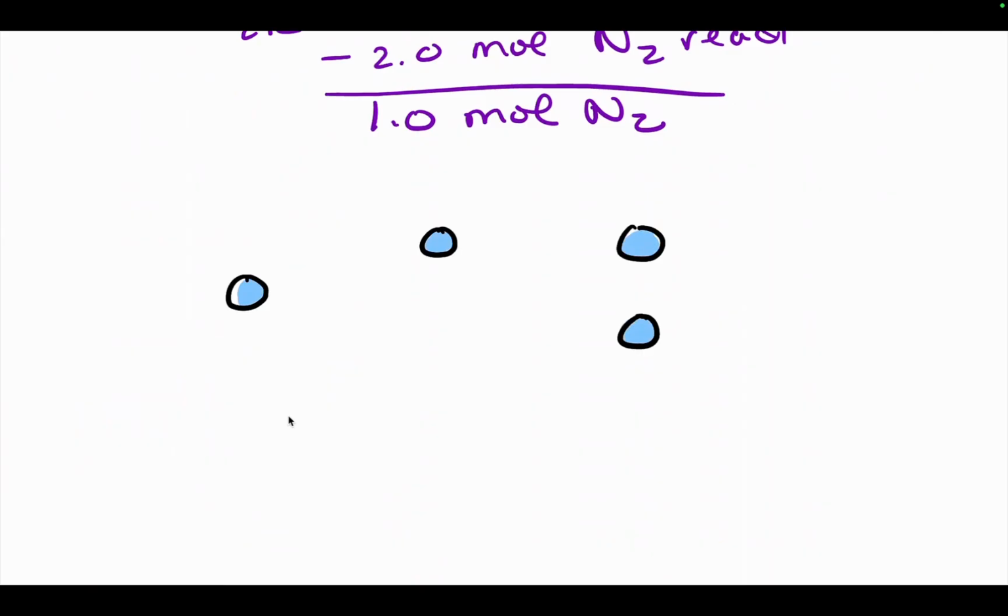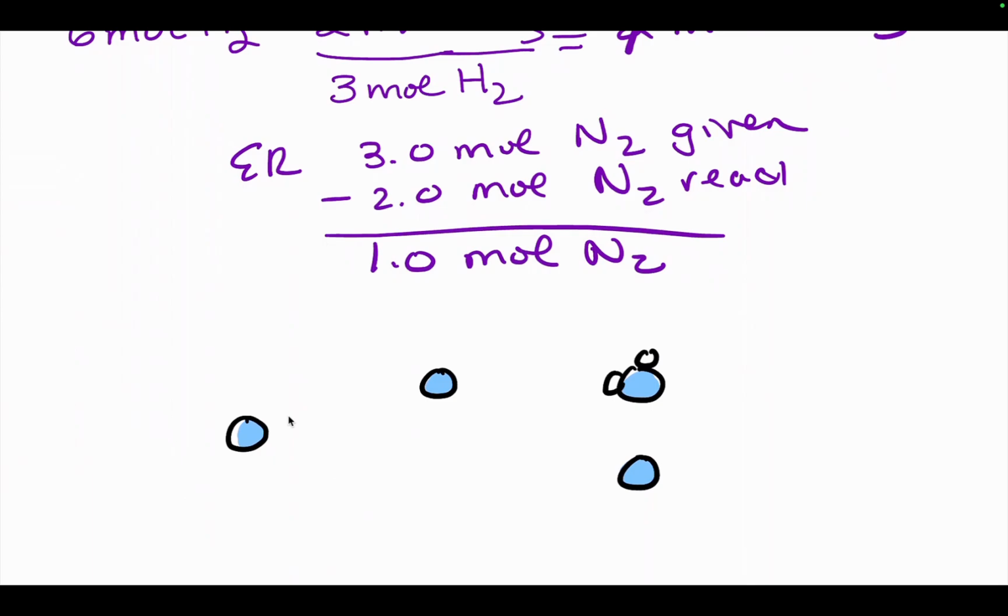And then each one has 3 hydrogens. Whoops, that one I put too many on. And then we also have 1 mole of N2 left over. So that would look kind of like that.